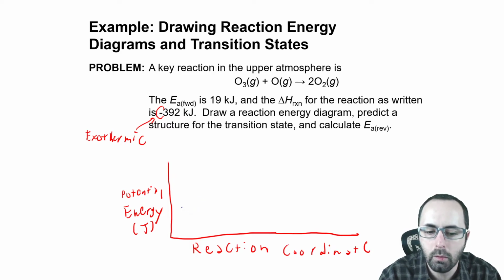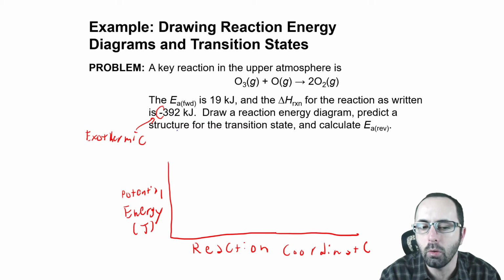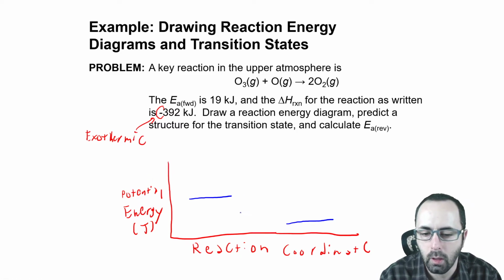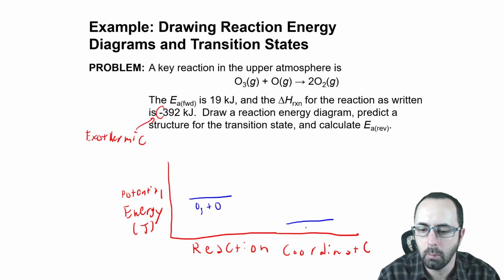So our reactant molecules are O3 and O. And first we should figure out, this is exothermic, right? So our reactants will have more energy than our products. And our reactants are going to be the O3 and the oxygen. And our products are going to be 2 oxygens.